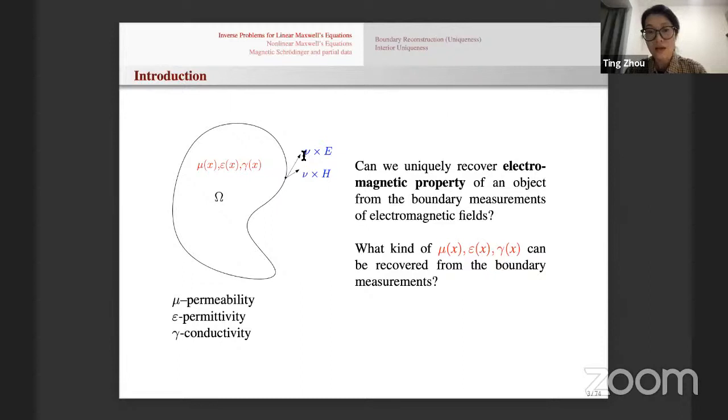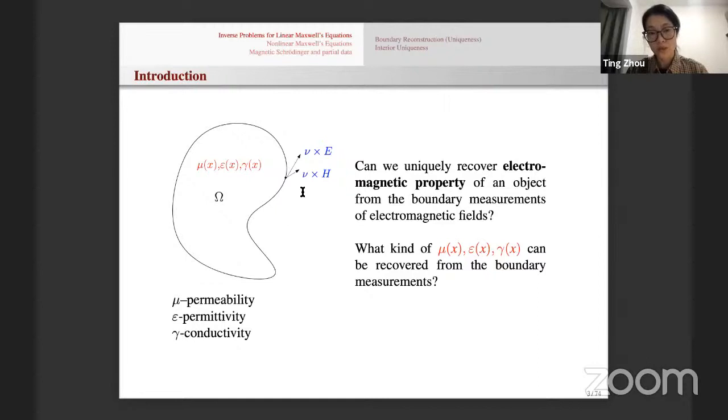So E is for electric fields and H for magnetic fields. The nu here is the outer unit normal to the boundary. So here in this picture, the boundary is kind of smooth. So in our analysis, my work partly with Pedro Caro, we are dealing with less smooth parameters. There are previous results for, let's say, C2 parameters, mu, epsilon, and gamma, and also for smooth boundaries.